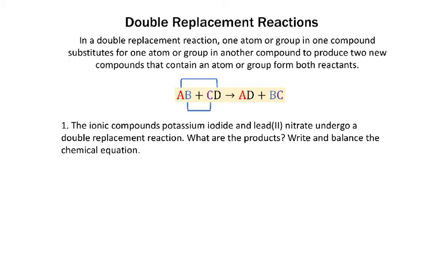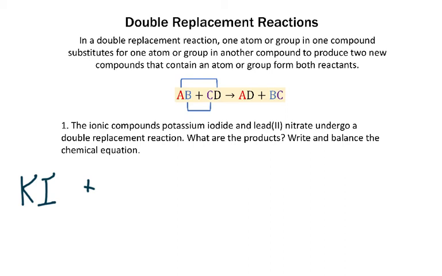Okay, so the products are not actually given, right? But we're told that it's a double replacement, so we can determine the products from that. But first, let's figure out the reactants. So potassium iodide would be KI, right? K plus 1, I minus 1 forms KI, potassium iodide. And lead 2 nitrate.